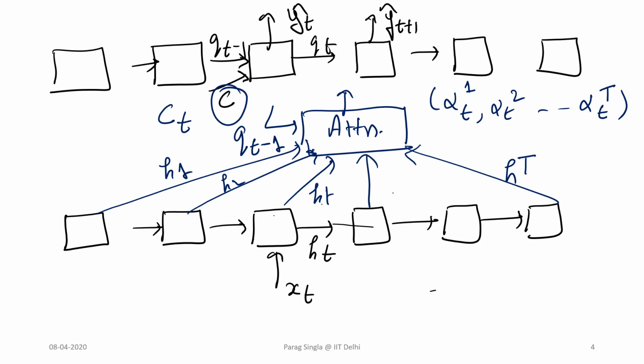It is not very difficult to see that this c t will be a weighted combination of these h t primes at various time steps, and the weight of each h t prime will be alpha t, t prime, summed over all possible t primes going from 1 to T.